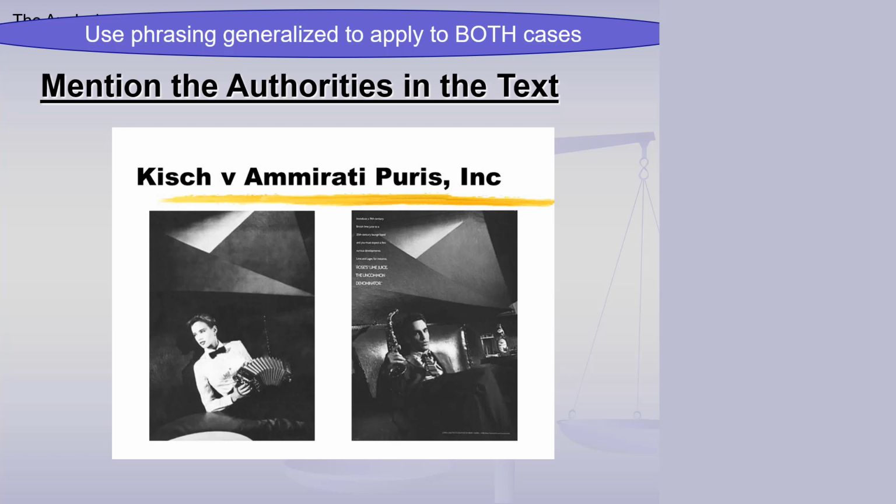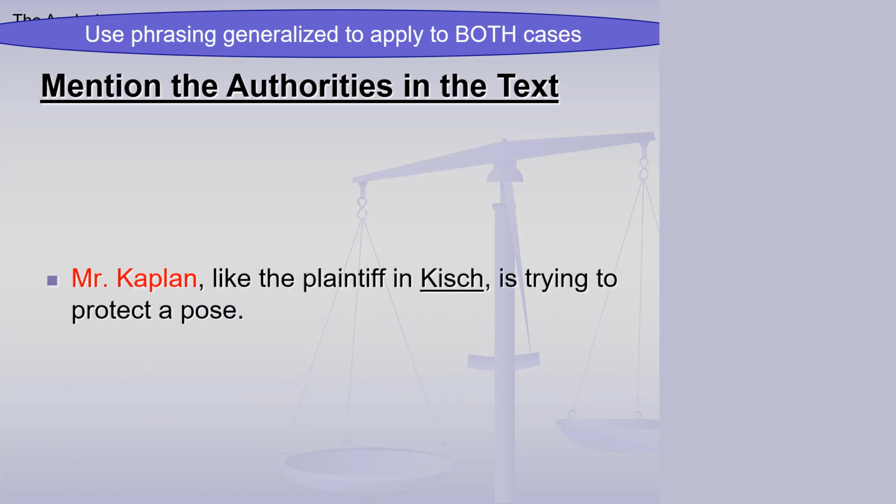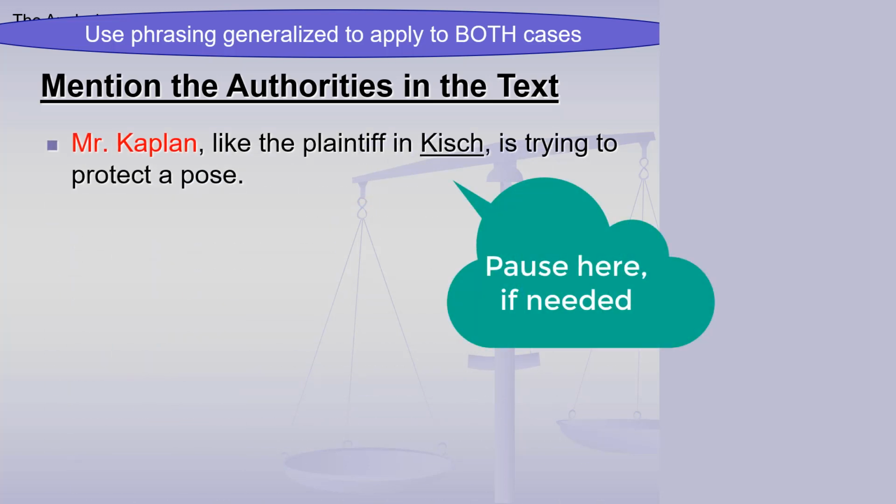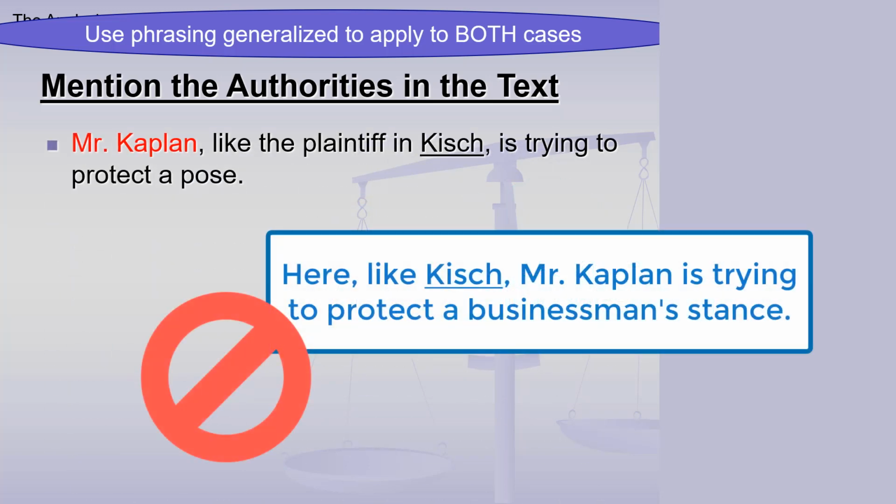Something like this. In other words, you would not want to say something like here, comma, like Kish, comma, Mr. Kaplan is trying to protect a businessman's stance. First, you'd be comparing a whole case, Kish, to a person, Kaplan.